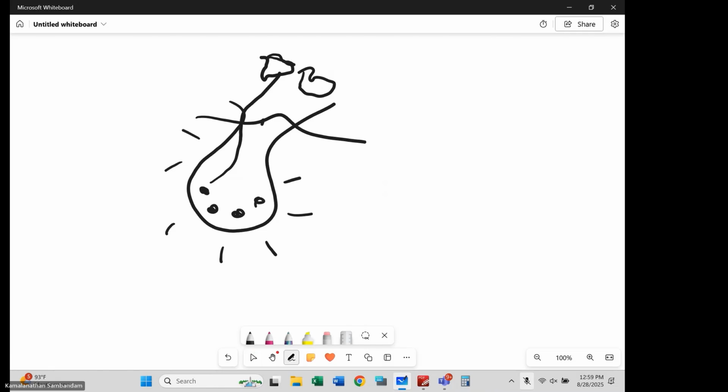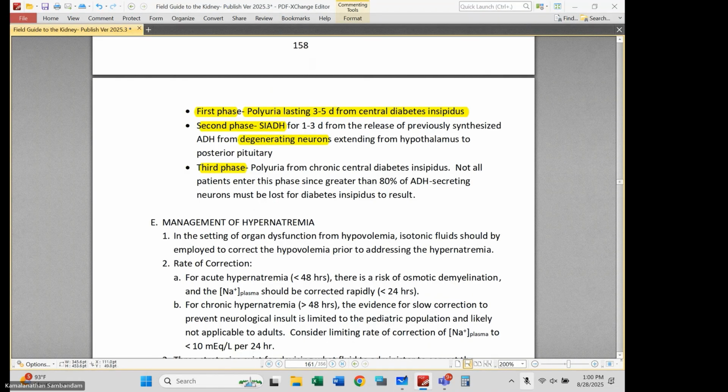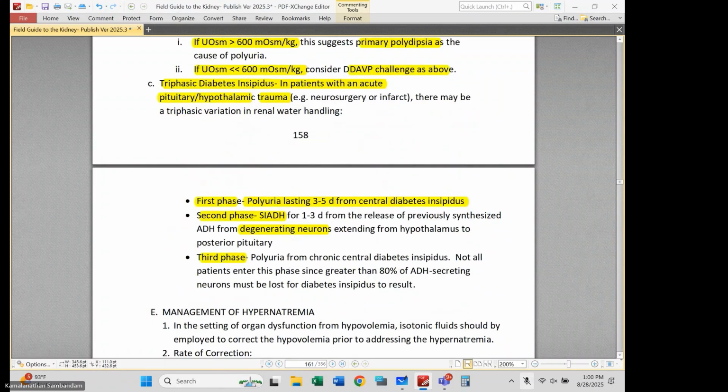And so as I transect these cell processes, I may get degeneration of some of these secretory apparati, and therefore I start to get this inappropriate release of ADH from those dying neurons that transported vasopressin to the posterior pituitary. So I get that second phase of this triphasic diabetes insipidus.